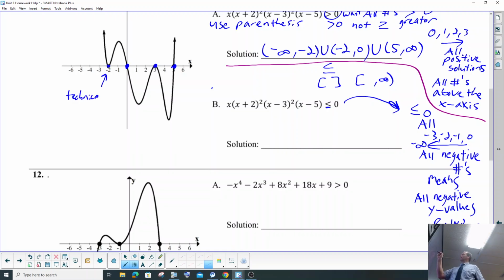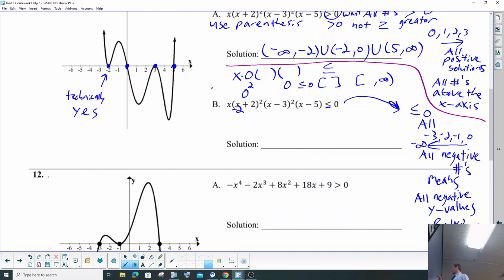If you plug a -2 in, you will get 0. -2 and +2 is 0, 0 squared is just 0, and then 0 times x times all the other stuff is just going to be 0. And 0 is less than or equal to 0. So we do have to include that -2.